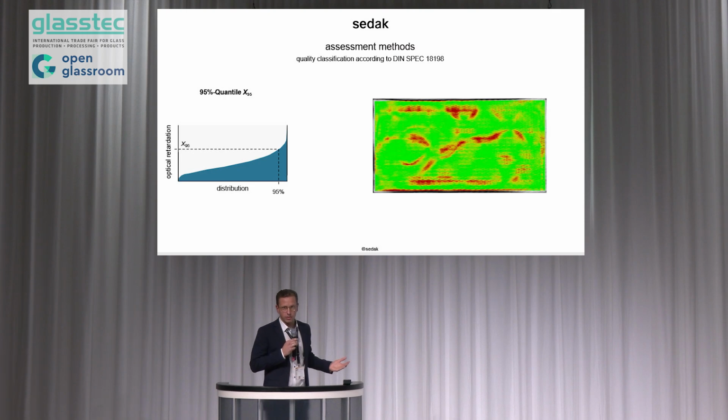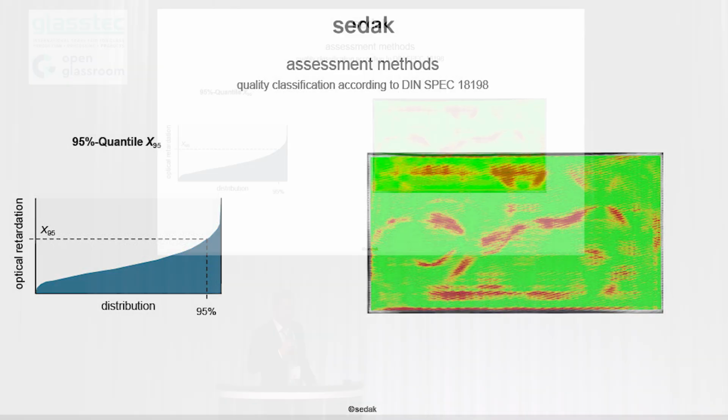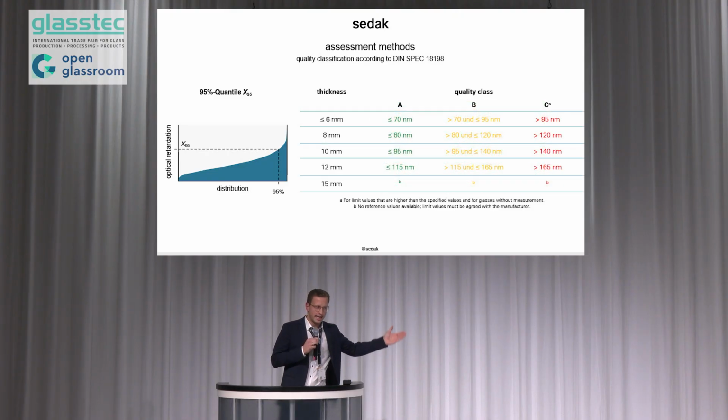How can we now assess the glass? According to the DIN spec, a cumulative distribution function is formed over all surface points, and then you have to take the 95% quantile and you receive a comparable value for each glass.